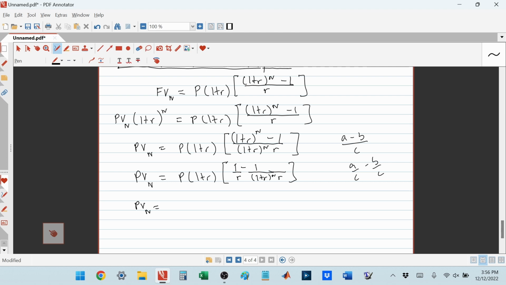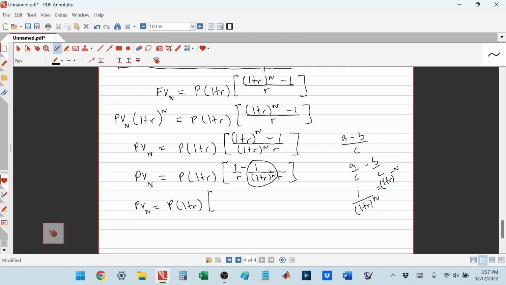But then we can further simplify this term here. 1 over (1 plus R) to the power of positive n is exactly the same thing as (1 plus R) to the power of minus n.